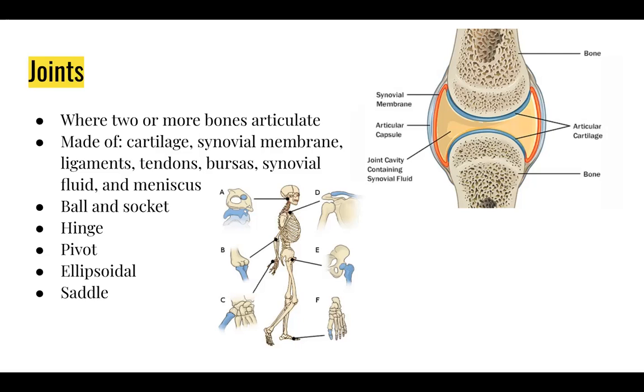So the types of joints, there are many different types. There is the ball and socket joint, which moves back, forward, sideways, any way, like rotating, and there are hinge joints, which are mostly just bending and straightening for any part, like bending your elbow and straightening it.